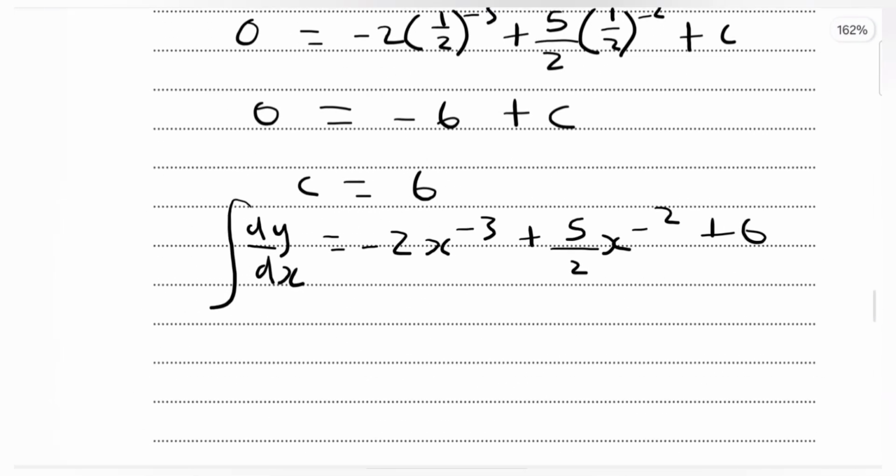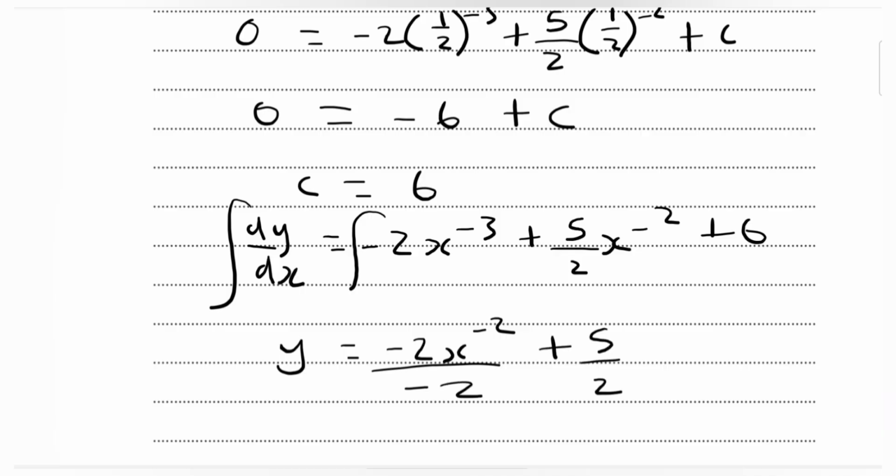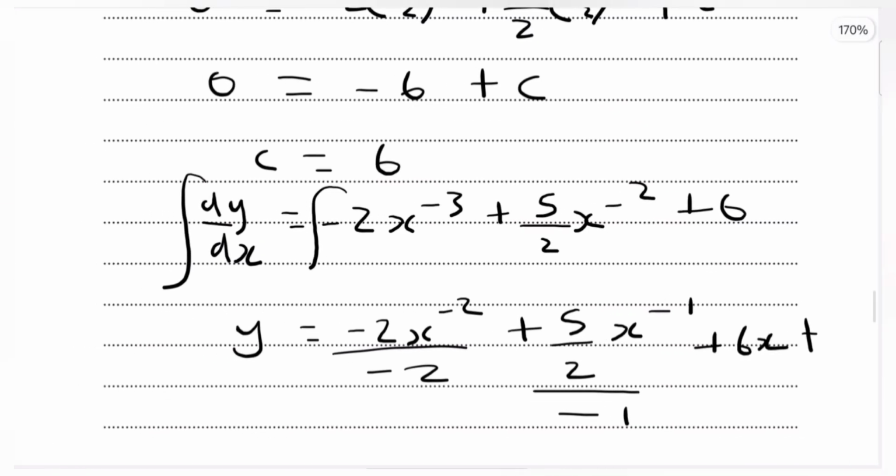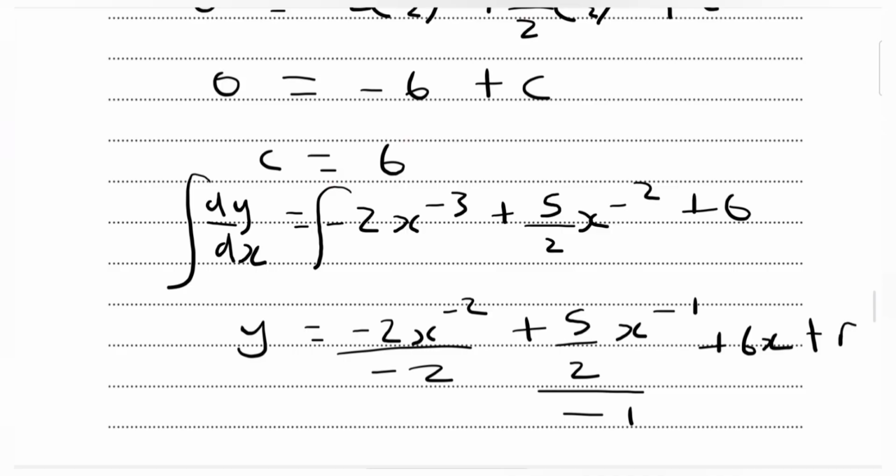And we're going to integrate this one last time to get the equation, right? So we're adding 1 to the power and dividing by the new power. So this will be x to the power minus 1, then we divide by minus 1 plus 6x. Then we introduce another constant. Let's call it r, right?